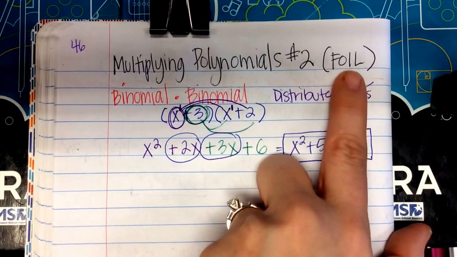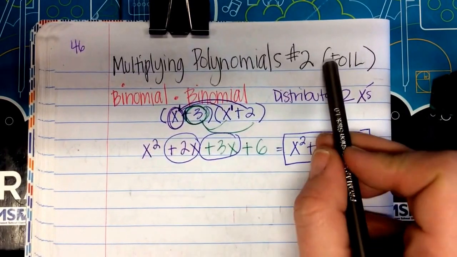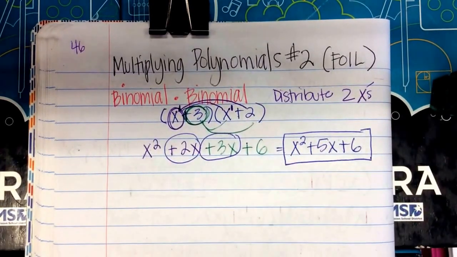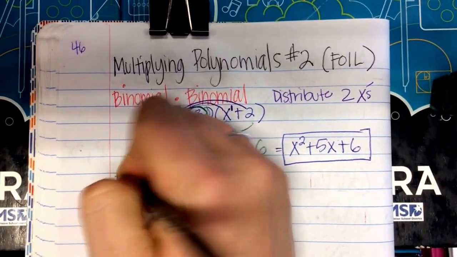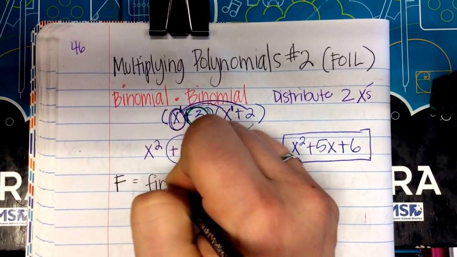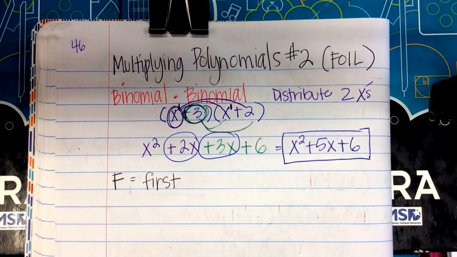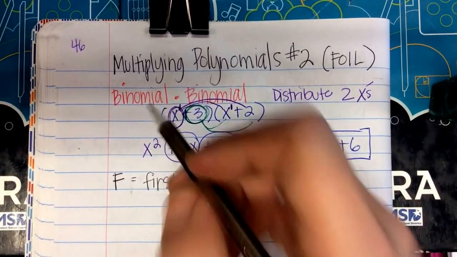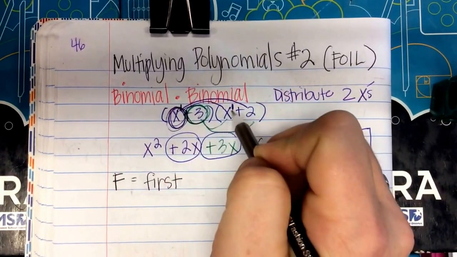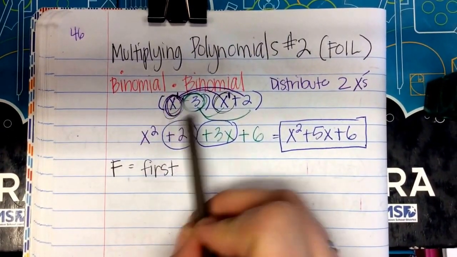And so you ask, like, why did we put FOIL on there? Because that stands for what you do to this problem. F stands for first. You do the first term times the first term. X times x.